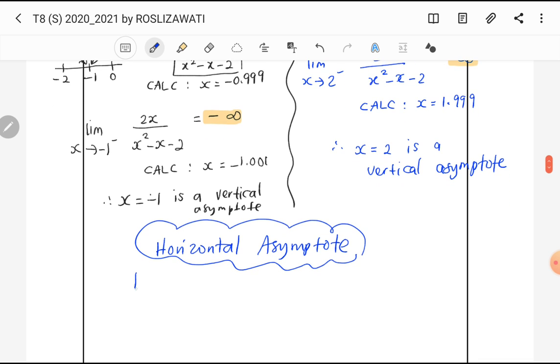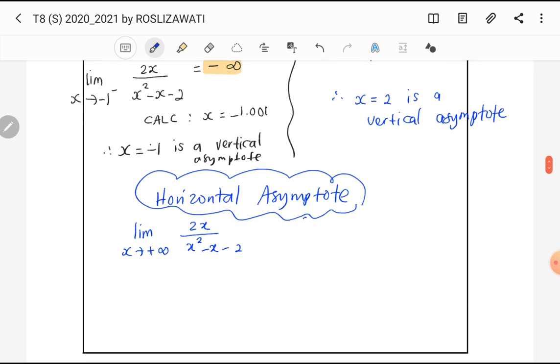Okay, so kita akan cari limit x approaches positive infinity 2x over x squared minus x minus 2. Okay, dan satu lagi kita akan cari limit x approaches negative infinity 2x over x squared minus x minus 2.